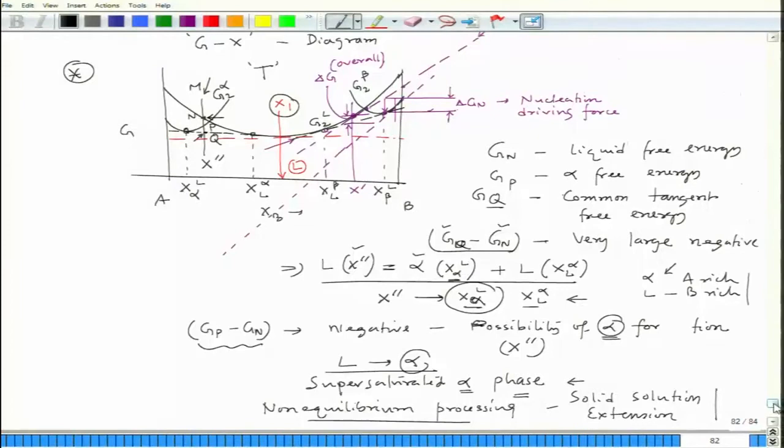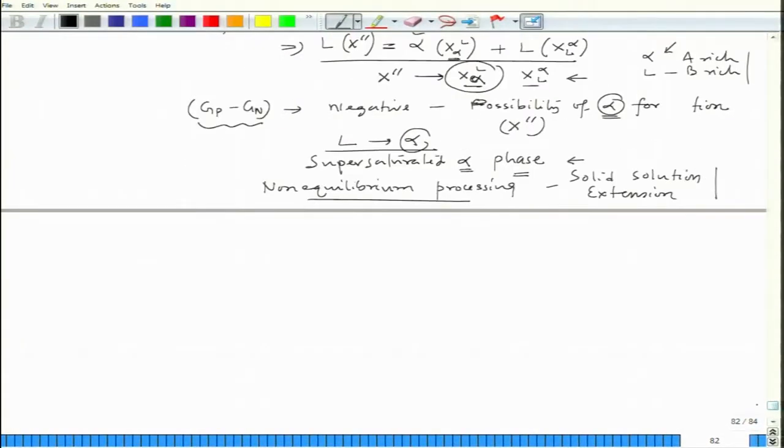Now, when I cool a liquid, the liquid viscosity goes up, and the liquid viscosity follows a VFT equation.